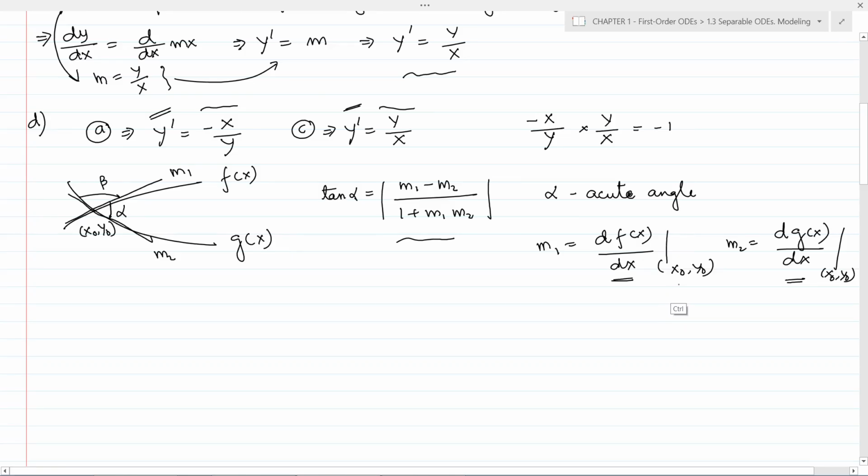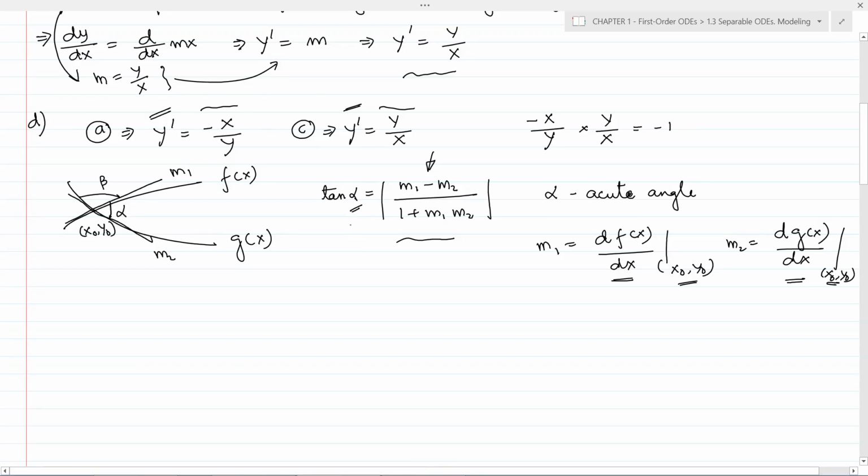We have calculated the slopes at point x0 comma y0, and the slope of the tangent at that point gives the values of m1 and m2, which you can plug in this equation to find the acute angle alpha between the tangents.